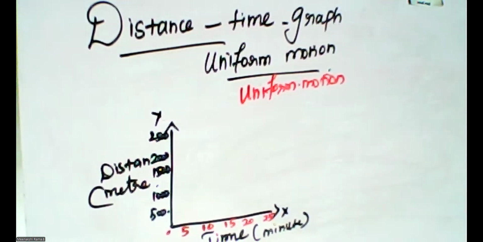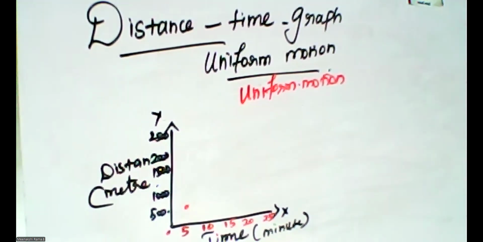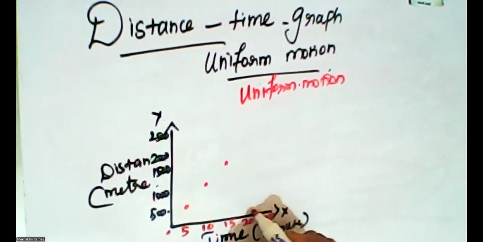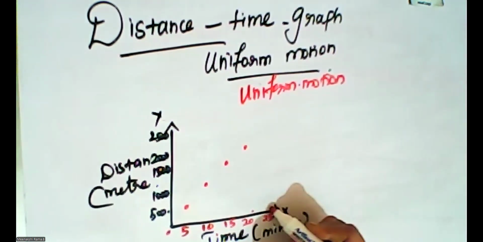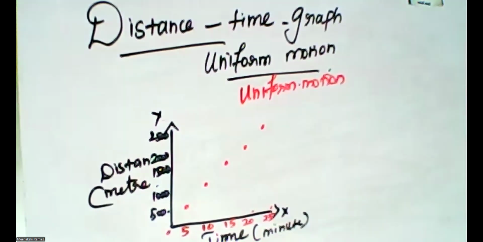Yes, 0. First, in the 5th minute he crossed 500 meters, and then in the 10th minute he crossed 1000 meters, 15th minute 1500, 20th minute 2000 meters, 25th minute he crossed 2500 meters.